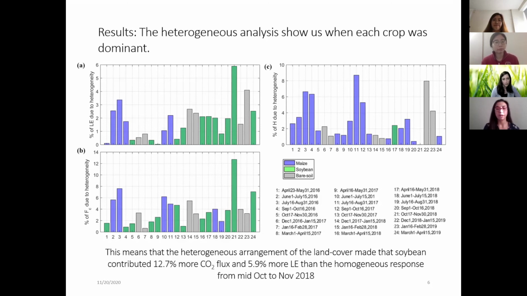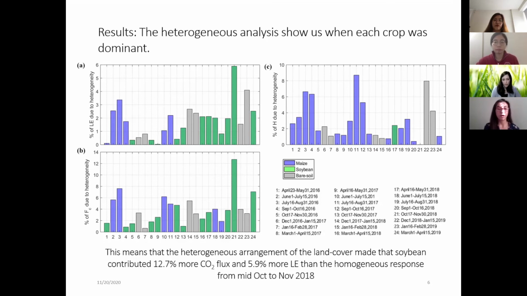So for instance, in terms of latent heat flux, that is on top on the left-hand side, for the total flux from April 2016 until the end of August in 2017, the higher contributions was due to corn. But then for the next year, you can see the green bars. So that means soybean fields contributed the most, and that was similarly what happened for the carbon dioxide flux below.